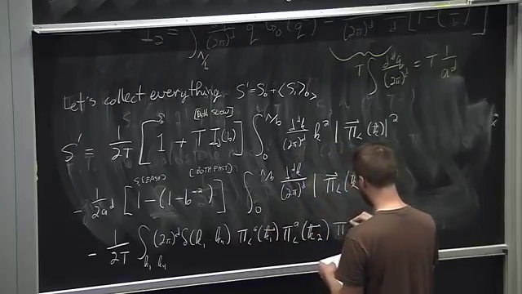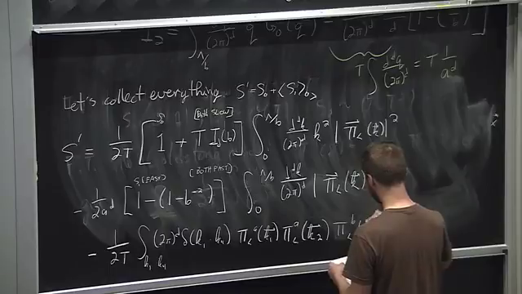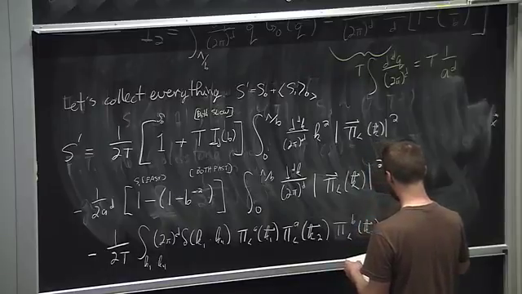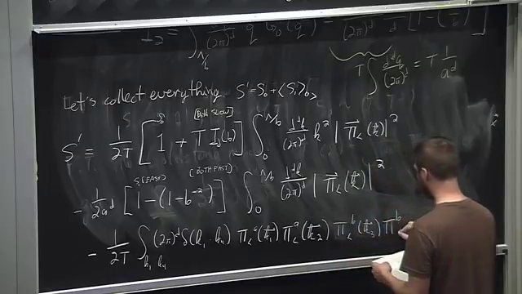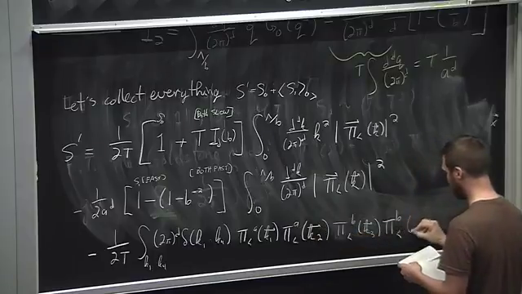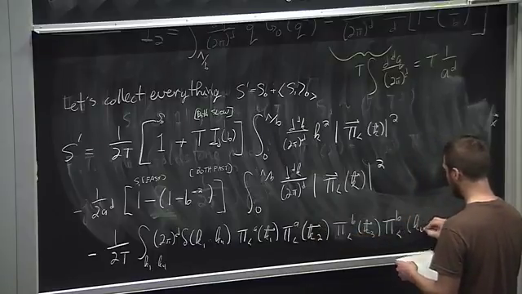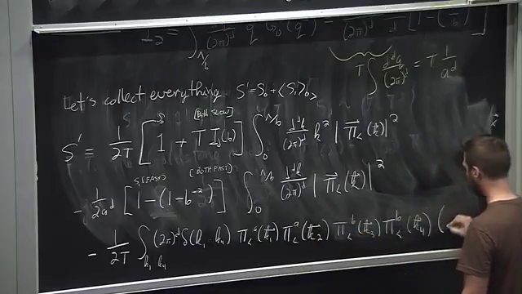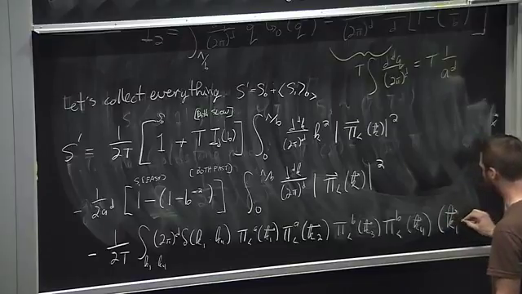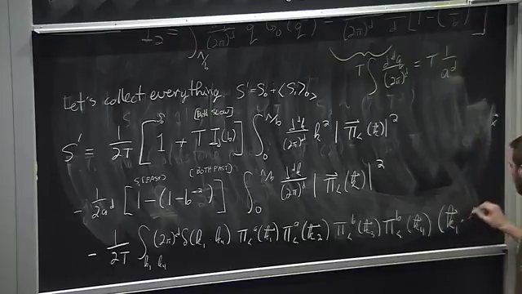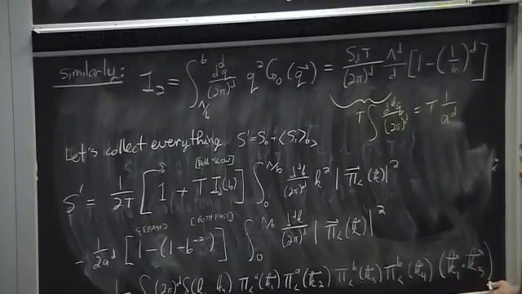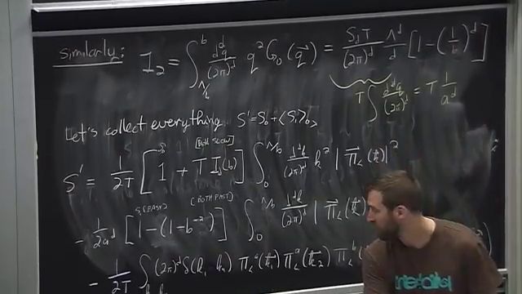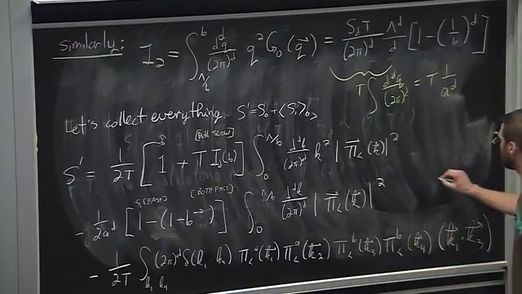And then you could Fourier transform this back. It's important to keep track of the A and B indices while you're in k space. 1, 2, 3, 4, and k1 dot k3. So that's the A piece.